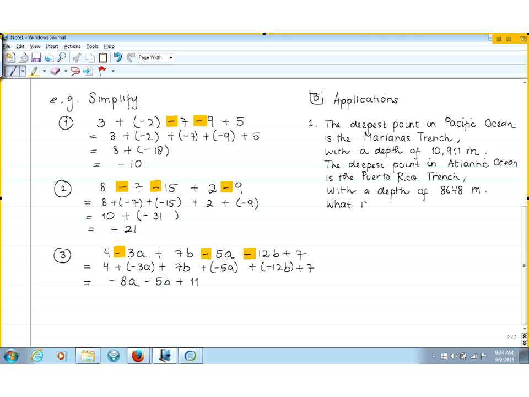What is the difference in elevation of the two trenches?